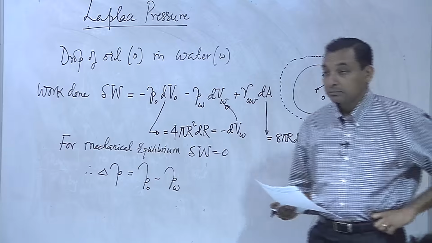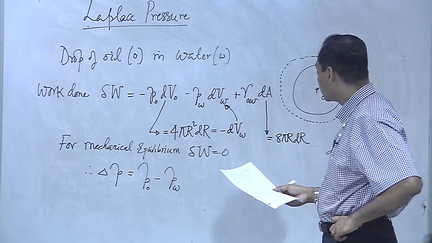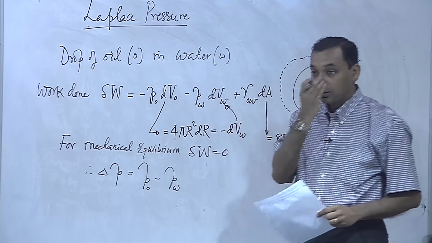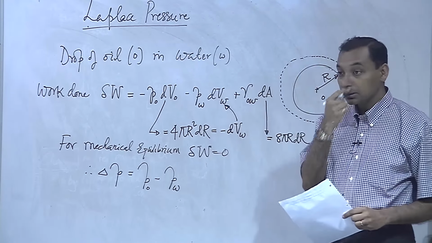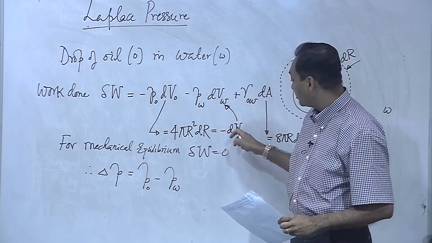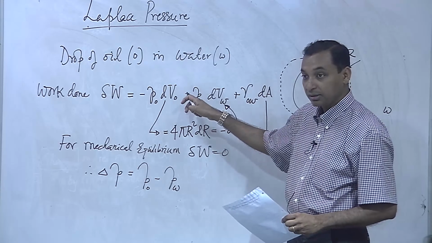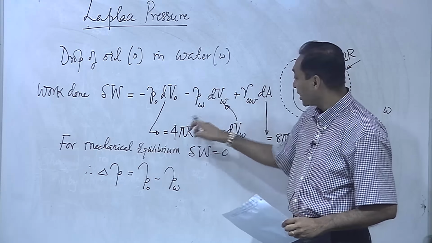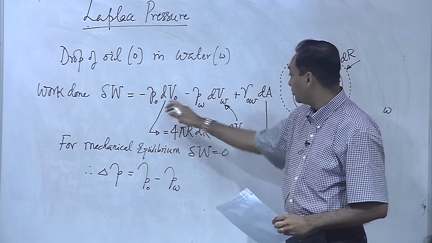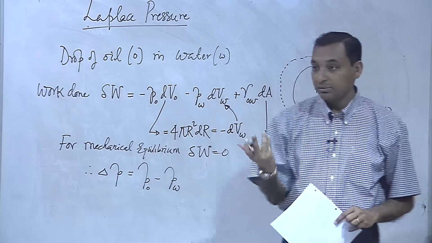Shouldn't the work done there be plus P naught dV naught, because the oil is doing positive work? Yes. Essentially this is minus dV w, so this minus becomes positive, and that is how you have 4 pi r square dr as a common factor, and then you have P naught minus P w.